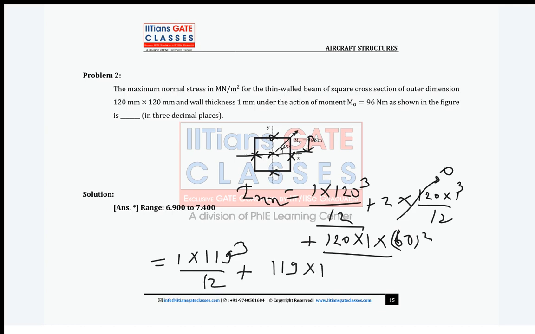Then the distance will be 59.5 square. This is using exact thin wall. And it has to be multiplied by 2, because for bottom and top we are writing the same. Why the same? Because it is at equidistance and the same area. Are you guys clear with this?